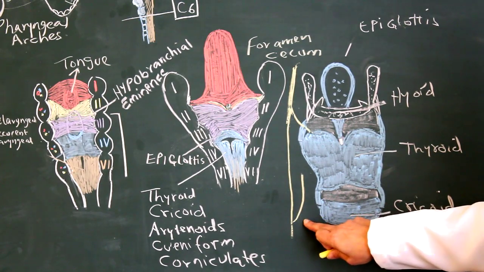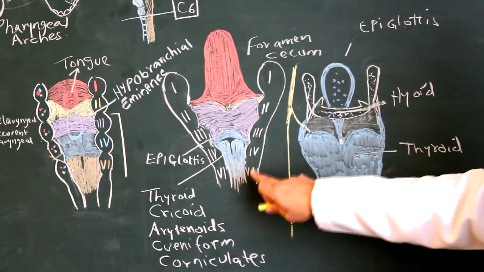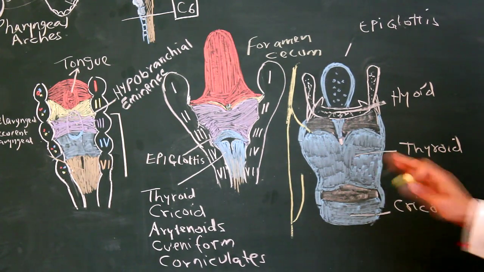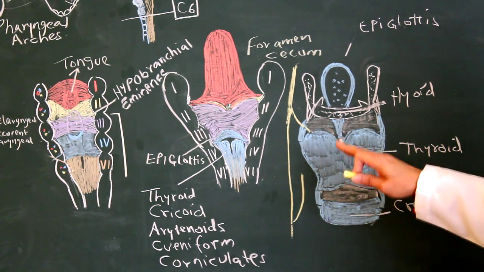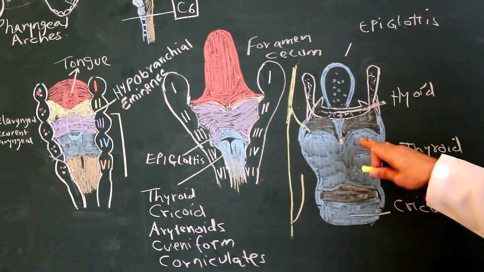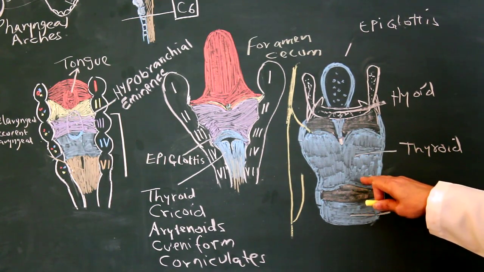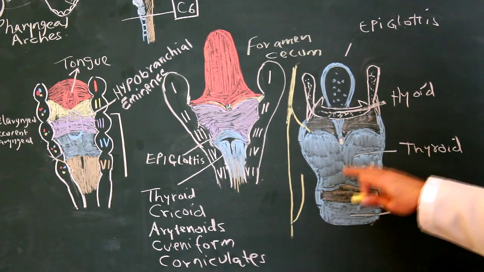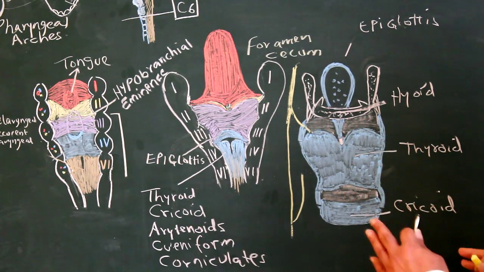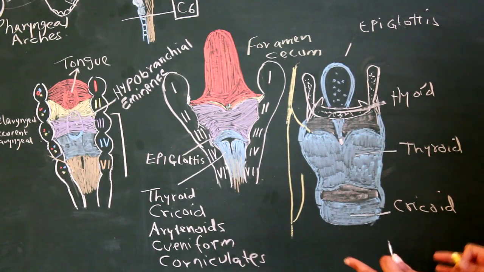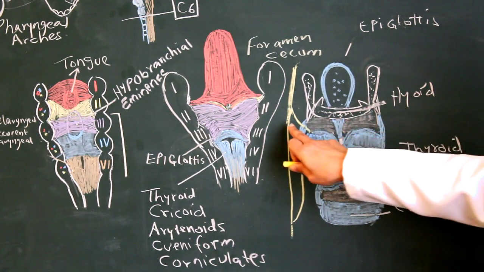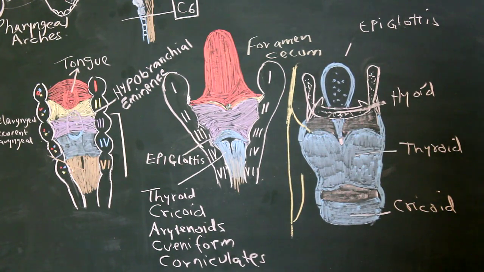It is going to take care of the structures derived from the 6th pharyngeal arch. These structures are mostly the muscular components of the larynx, the intrinsic muscles of the larynx, and some of the extrinsic muscles also. So the recurrent laryngeal nerve is going to serve the musculature of the larynx in general, except for the cricothyroid muscle, which is taken care of by the superior laryngeal branch.